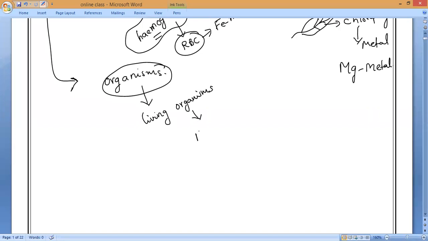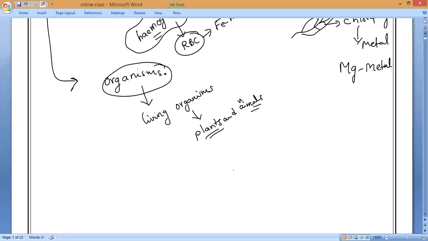Plants and animals. The word organic is derived from organisms. In the early days, it was considered that all the compounds come from living organisms, both plants and animals, and that is why they are organic compounds.